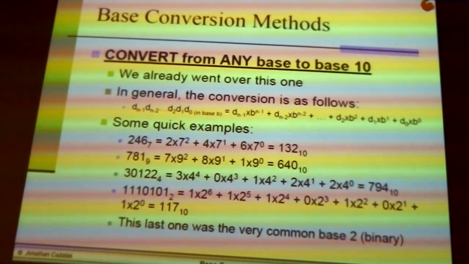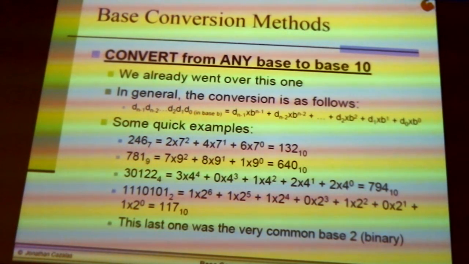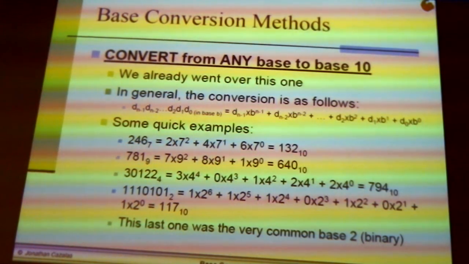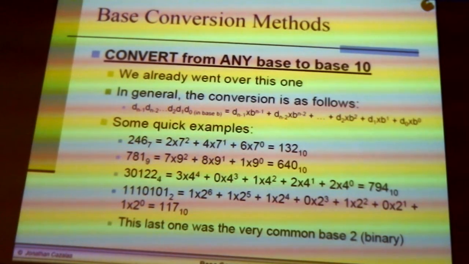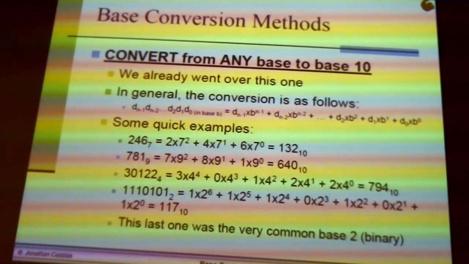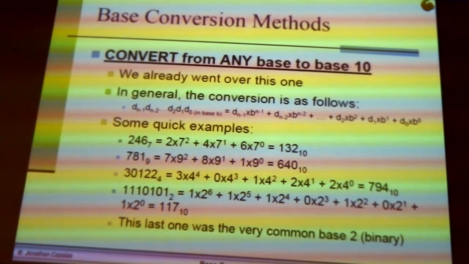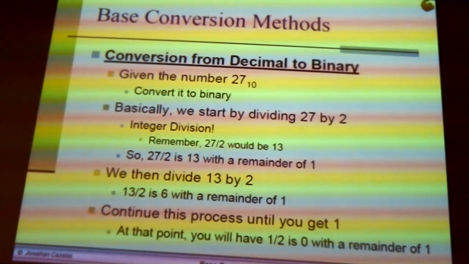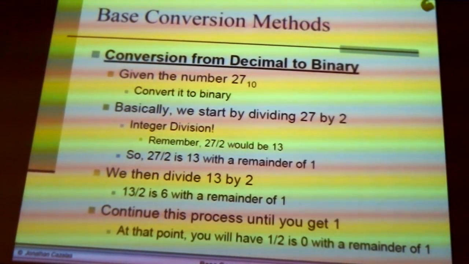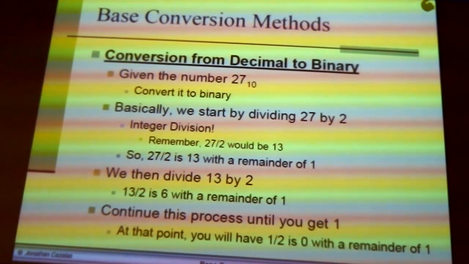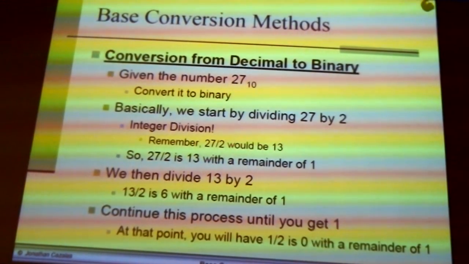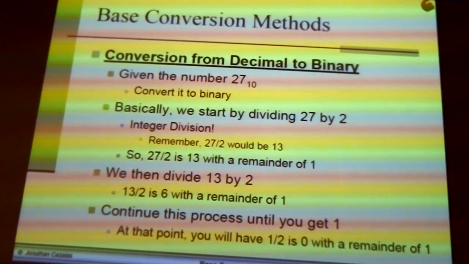This is just showing you, as long as we follow that same equation, if you want to reverse that and go the other way, we're going to do decimal to binary. With decimal to binary, you want to represent the values.